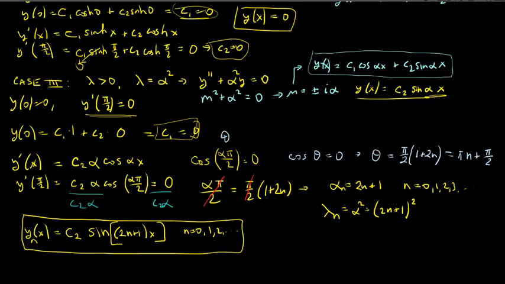So maybe I'll just copy that down here. So this equation solves y double prime plus lambda y equals 0, using the boundary conditions y of 0 is 0 and y prime of pi over 2 is 0 as well.